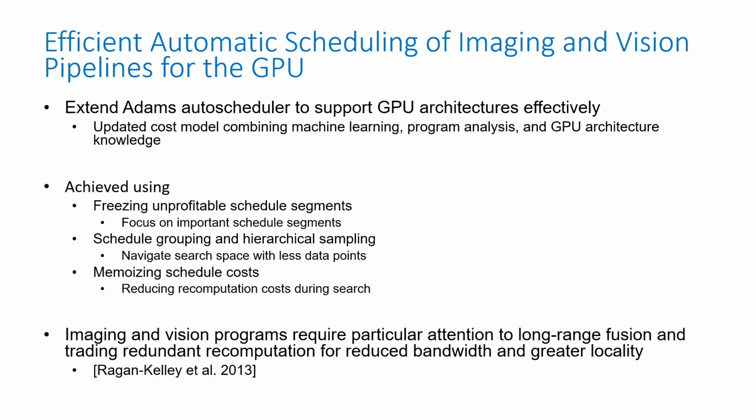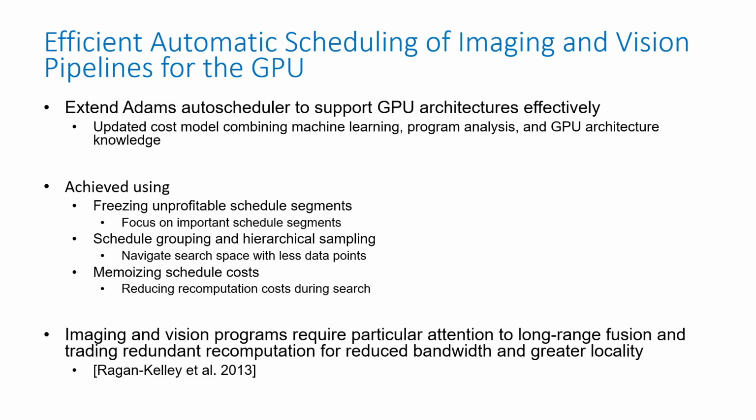It also has the concept of hierarchical sampling, so the schedules are grouped by similarity, so that way the state space also gets reduced. It is common that some sub-schedule computations are repeated, so memoizing is used to avoid this recomputation.